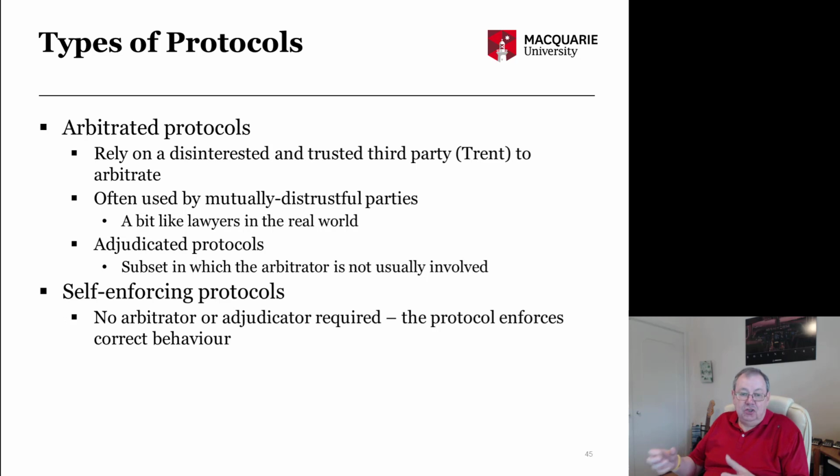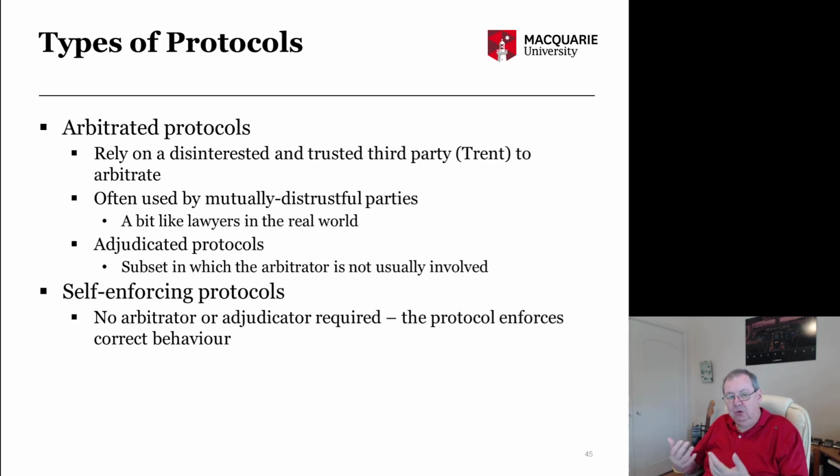There also are what are called adjudicated protocols, and these are a subset in which the arbitrator is usually not involved unless the parties disagree, and then they will turn to Trent, the third party, to arbitrate and adjudicate whether the protocol ran fairly or not, and what the different parties can rely on. But generally speaking, in a very, very large distributed network like the internet, where there are billions of participants and more coming online because of the Internet of Things, for example, we don't want to rely upon central arbitrators or adjudicators.